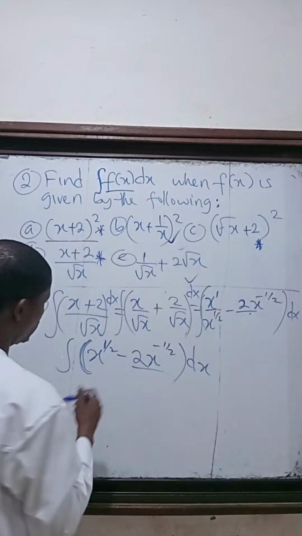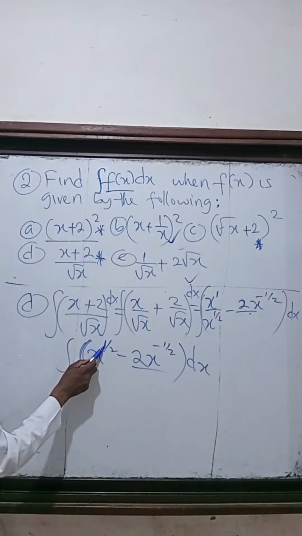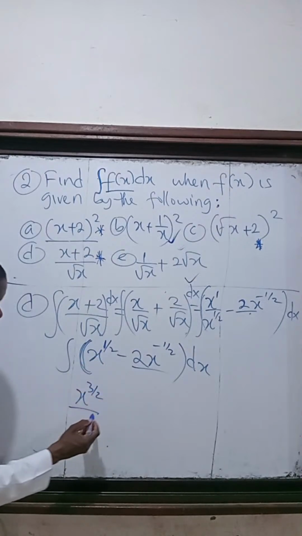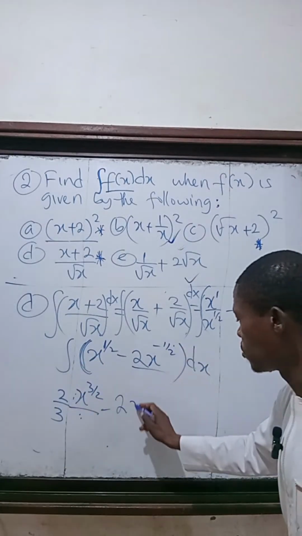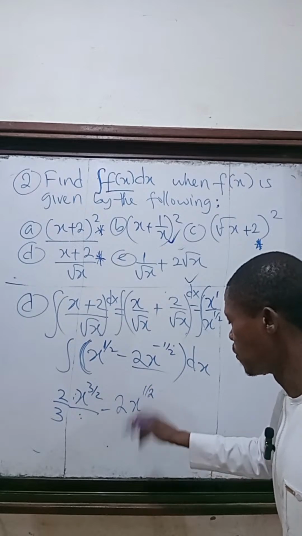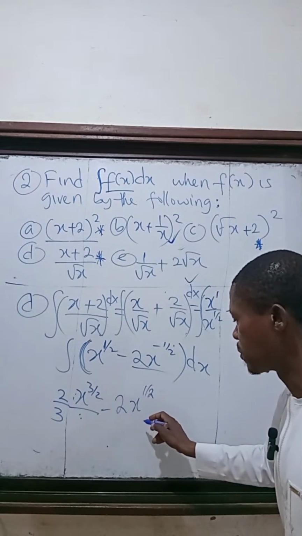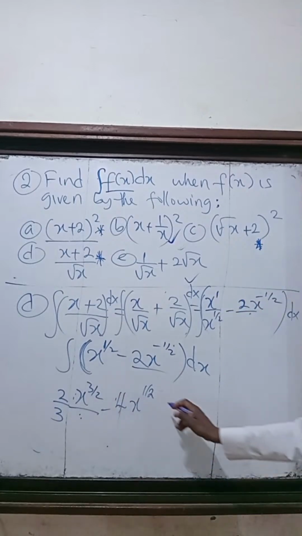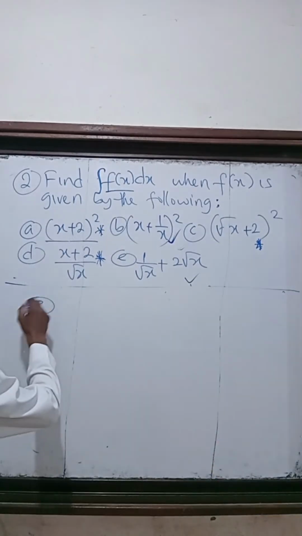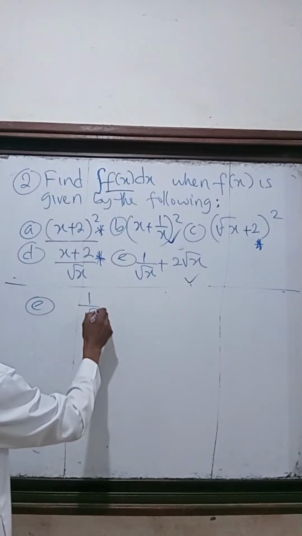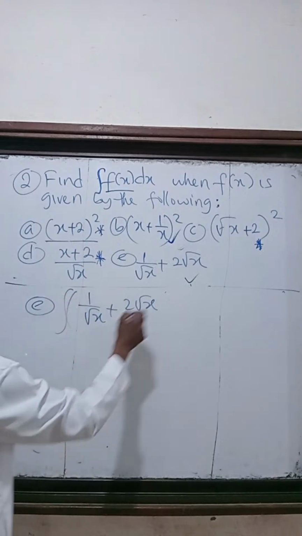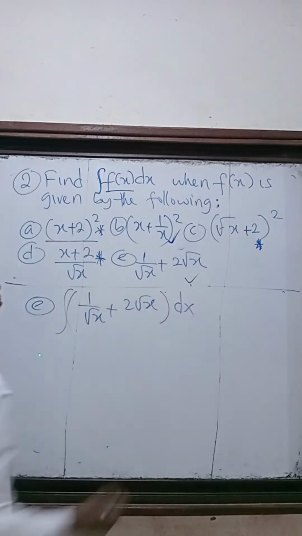So final conclusion, this will be plus 1, that's x to the power 3 over 2 over 3 plus 1, that's x to the power half over half, and that will make something become 4. And then plus c. Be equal to 1 over root x plus 2 root x, integral of this dx.